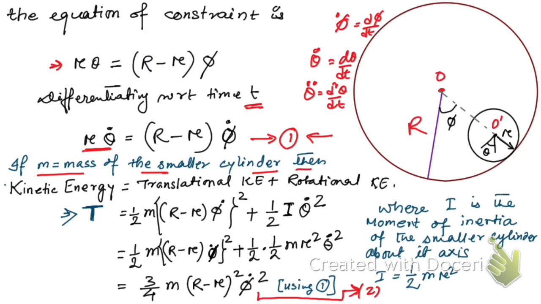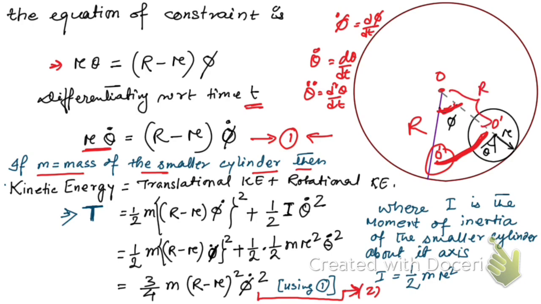As this rolls through, the arc of this center O dash, subtended at the center of the larger cylinder, has angle phi.